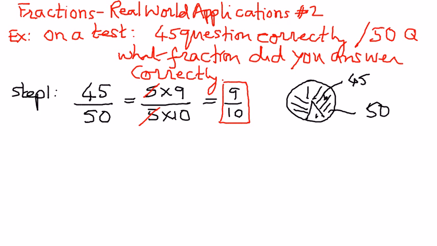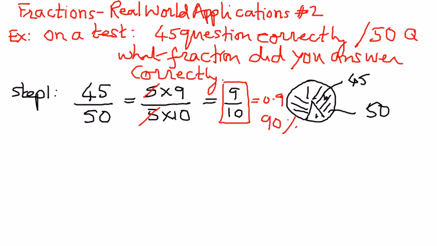We can also write this as 0.9, or if we were to multiply that by 100%, you answered 90% of the questions correctly. 9 over 10 is a fraction. We have expressed 45 over 50 in its simplest form, which is 9 over 10.